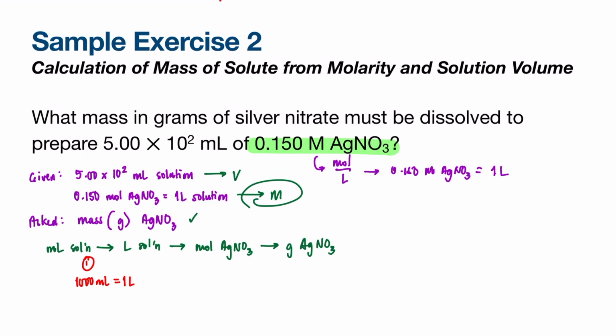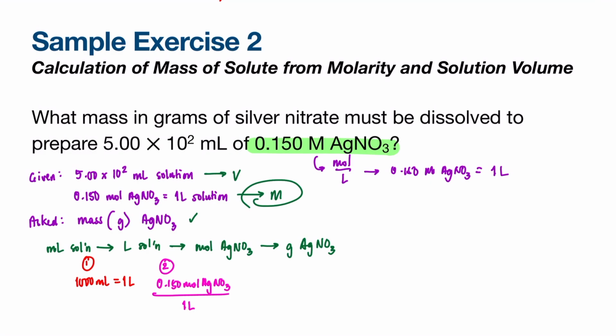On the other hand, for the conversion of liters of solution to moles of AgNO3, the solute, we will use the molarity, wherein 0.150 moles of AgNO3 is equal to 1 liter of solution.